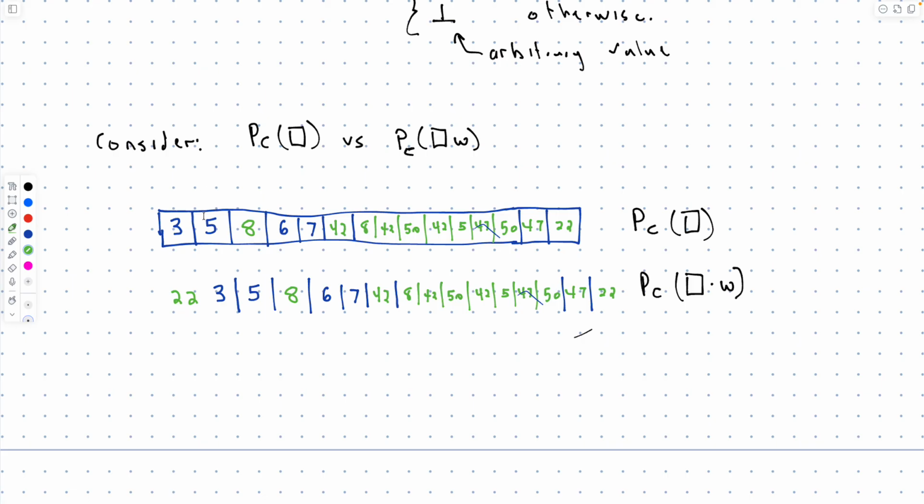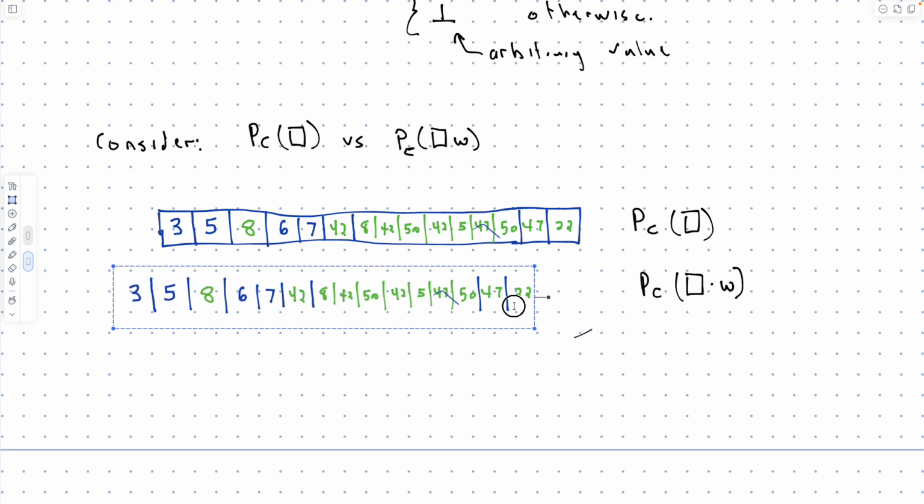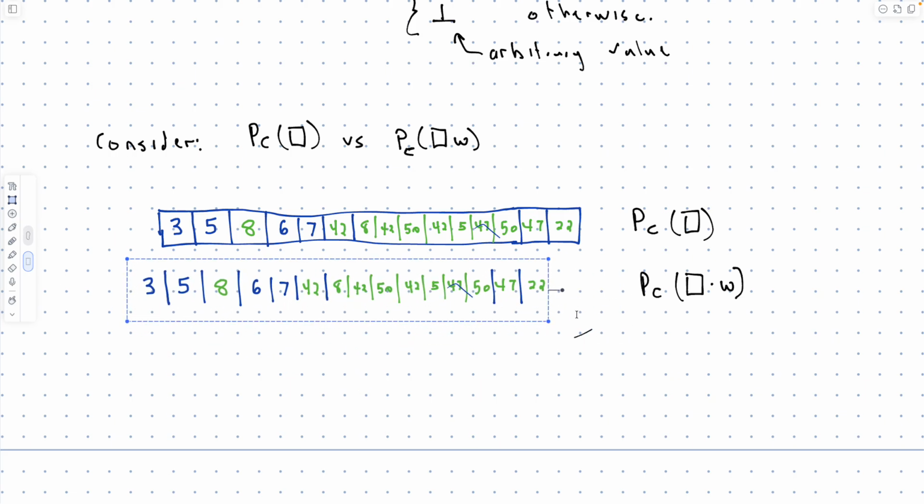So I apologize, I just did the shift in the wrong direction. Okay, so the 3 is going to go on the end of the polynomial.